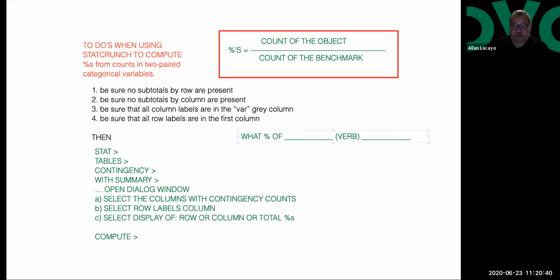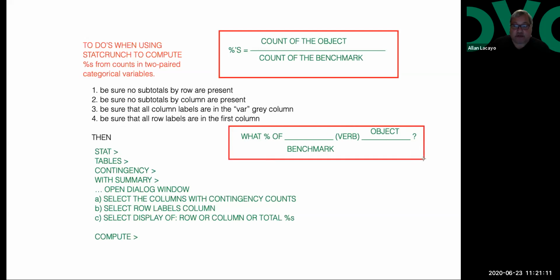You'll see 2 terms, and at the end, the question will have a question mark. The object of the question will actually be after the verb, and the benchmark of the question will be before the verb. That is the way to recognize the object that you're counting so that you can put it in the numerator, and the benchmark so that you can put it in the denominator.